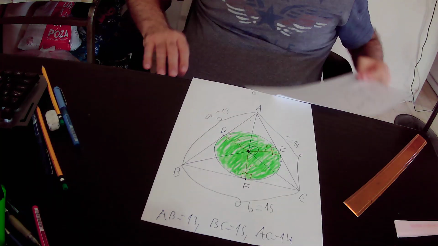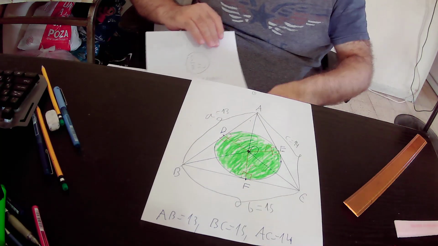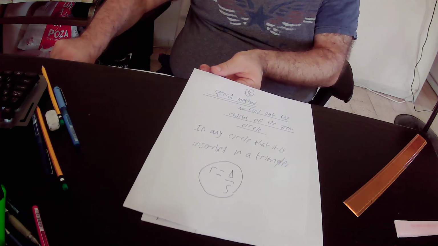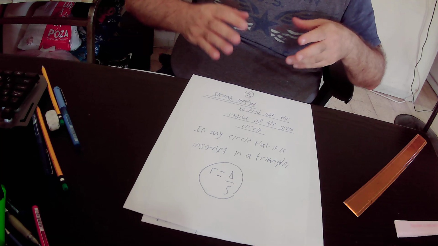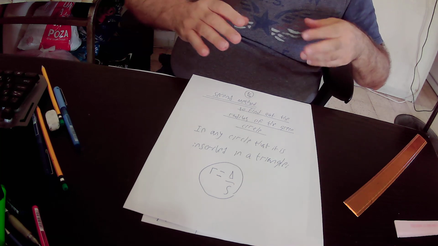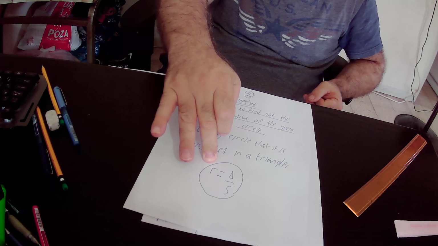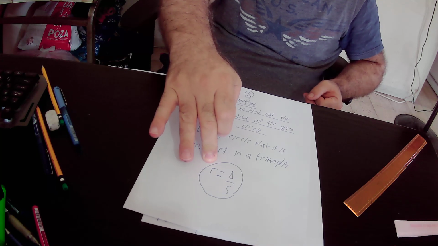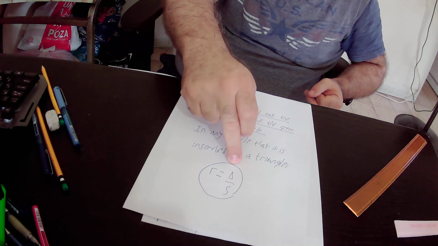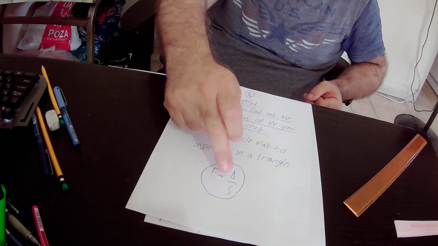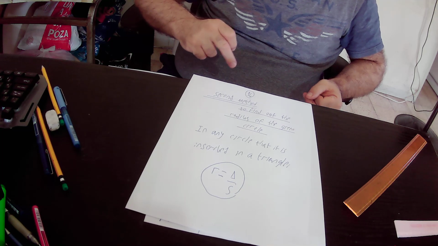And then I presented to you a second way to find the radius of the green circle. Actually, in any circle that is inscribed inside a triangle, we can use the following formula, which states that the radius of the circle inscribed inside the triangle equals the area of the triangle that contains the circle over the semi-perimeter of the triangle.